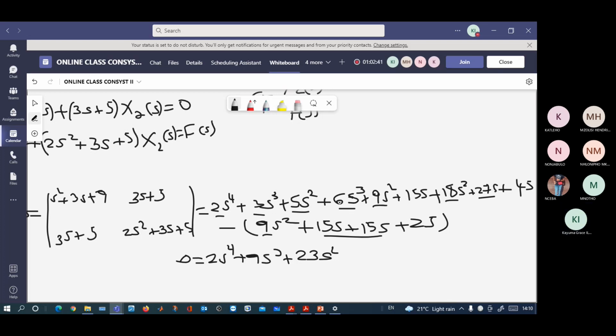We have 15s plus 27, that's 42. 42 minus 30 is going to be 12, so plus 12s. Then we have 45 minus 25, that is plus 20. So this is delta.